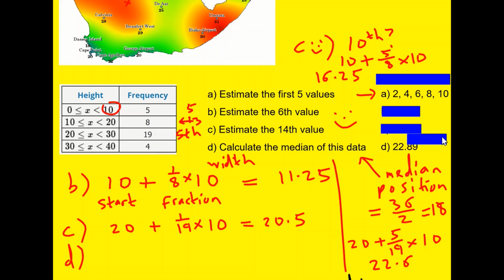Let me just check if I agree with one. Why do I not agree with the one I did earlier? Okay, just going to check this. 5 plus 8 plus 19 plus 4, 36. I wonder... I think my current answer is correct. Bear with me 1 second.